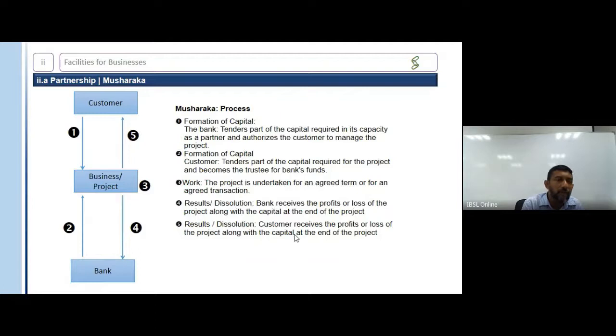Because we know the cost at least, because both parties contribute capital. But how do we determine profit? What expenses to include? How do we determine the sale proceeds? And on top of it, do we include the marketing expenses? Do we include, let's say, taxes? Do we include a provision? We will come to that in a minute.